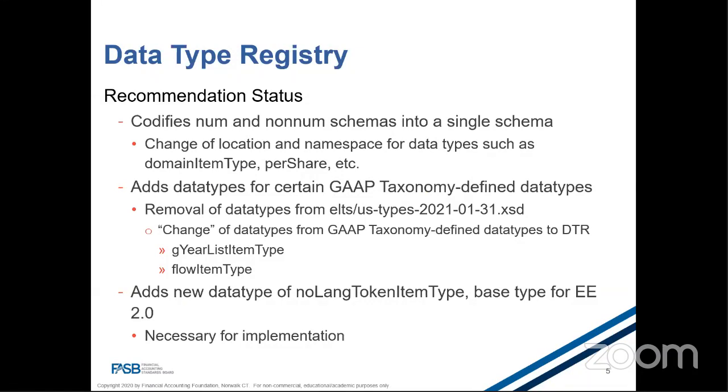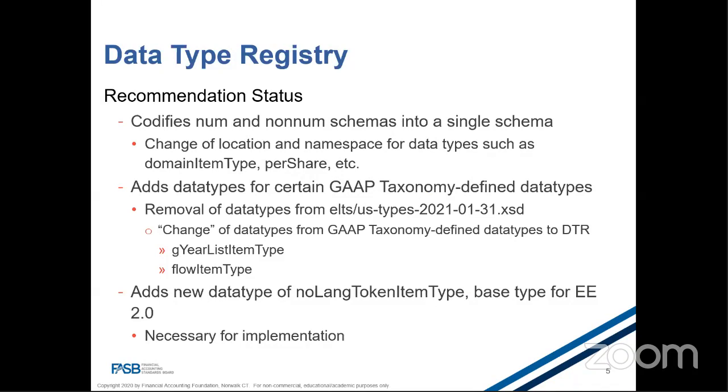For the 2021 taxonomy, those two data types are going to be removed from the US type schema, and all the elements that have that data type are going to be changed to use the DTR defined data types of G-year list and flow item type.